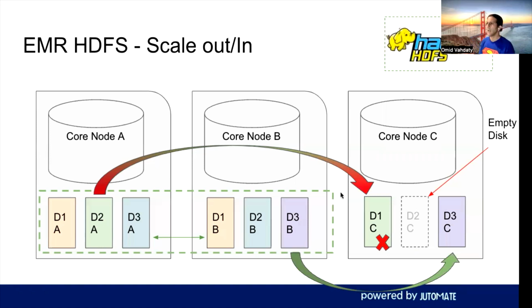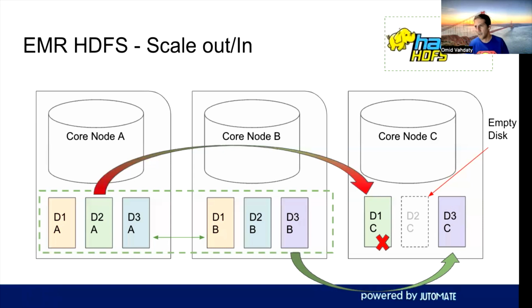HDFS will automatically understand there's a new server, and now it will attempt to rebalance the data on three machines. So the green part will now be replicated to node C, and the purple will be replicated to C, and it will be rebalanced on the entire cluster.